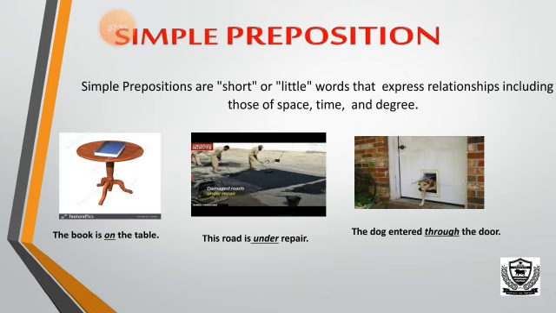Simple preposition. So what are simple prepositions? Firstly we will define it. The simple prepositions are short or little words that express a relationship, including those of space, time, and degree.